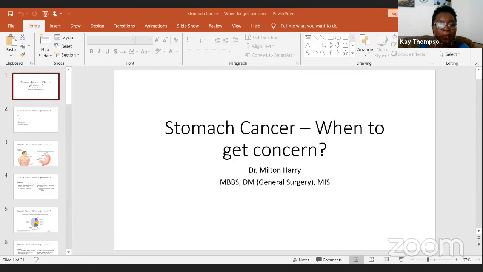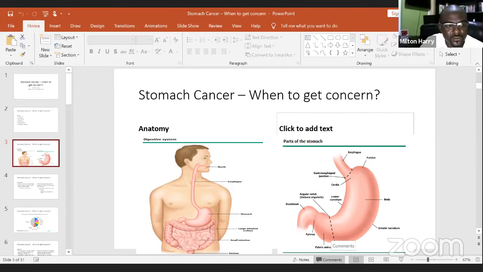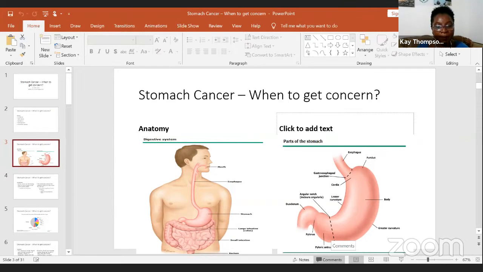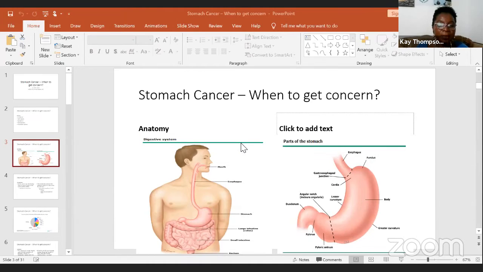Sorry, Dr. Harry. Is it only my screen, Dorothy, and the others? Right, it is now gone. Go ahead. What are you seeing now? I'm now seeing the diagram indicating the stomach, the anatomy. Is that in presentation mode or not? No, it's still in the slide share lineup mode. You've clicked the little icon on the bottom of the screen. We're not seeing it in presentation mode.